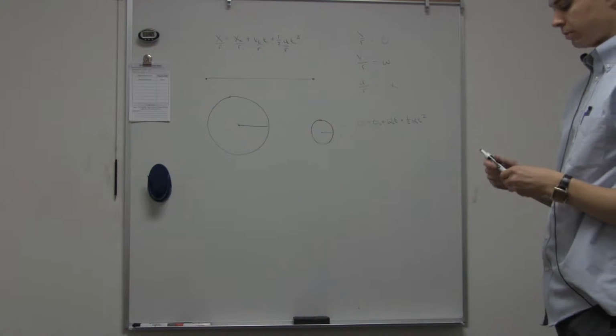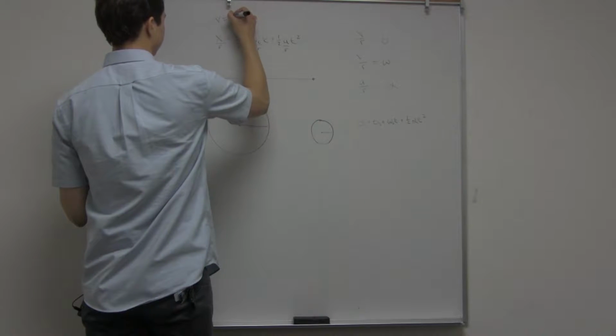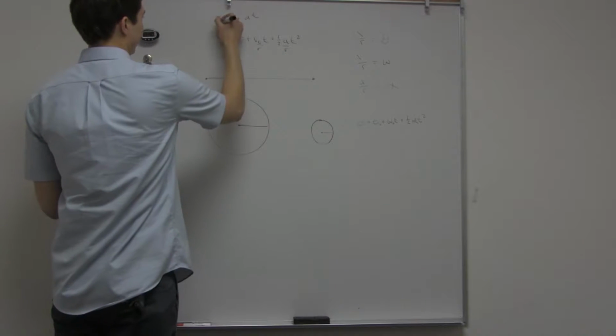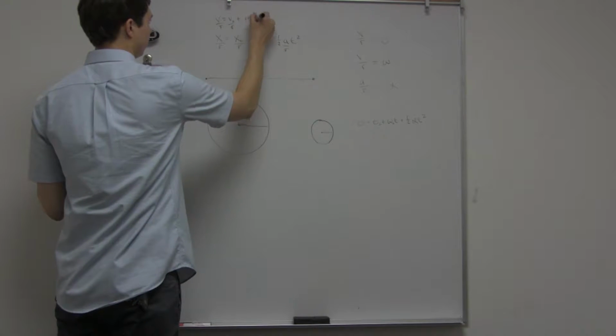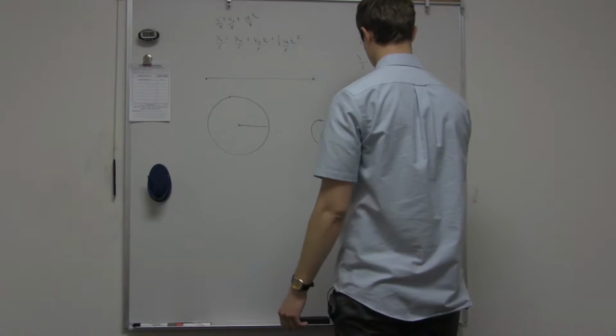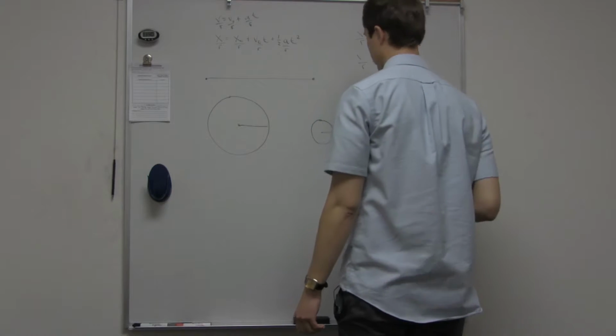That same logic applies to all of our other kinematic equations as well. Like we had this one which said v equals v naught plus at. We divide the stuff by r, and that turns into omega equals omega naught plus alpha t.